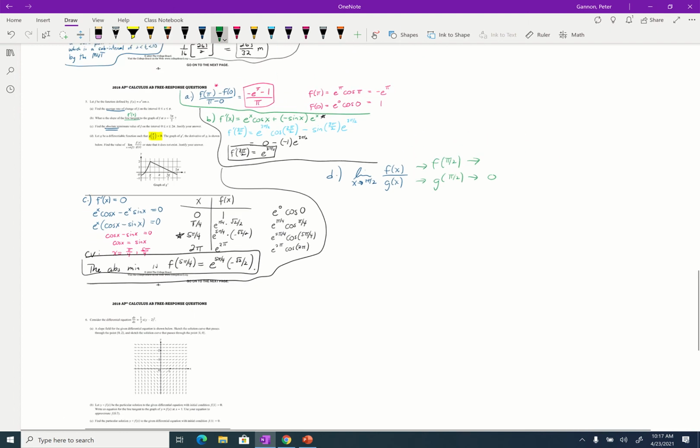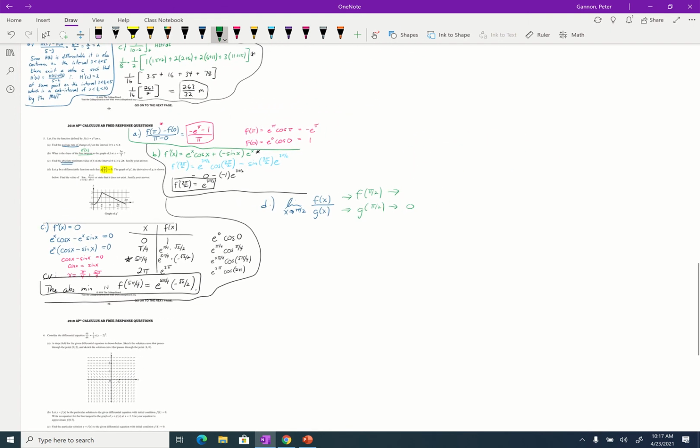We didn't find that earlier, but if we go back up to f, f of pi over 2 is going to equal e to the pi over 2 times cosine of pi over 2. Well, cosine of pi over 2 is 0, so that's 0.